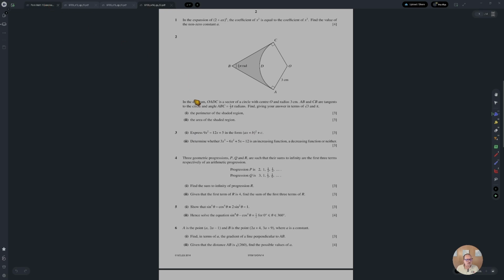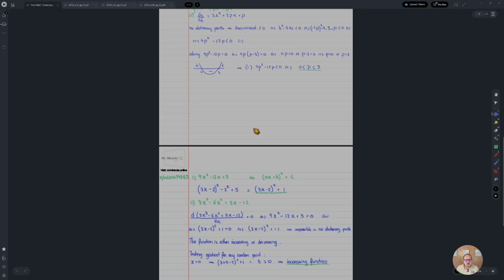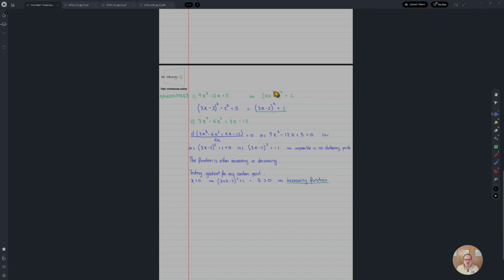So the first one is just a completed square form question. Turn this into that. So open brackets, and you need to get the square root of 9, which is 3. So put 3x, then half that. What is the number that multiplied by this times 2 equals minus 12?